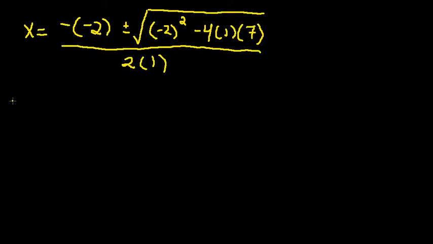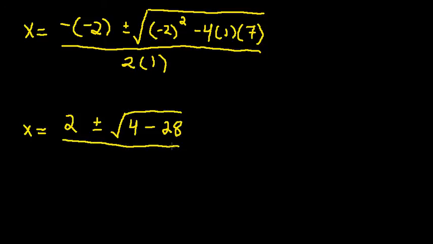So let's simplify this a little bit. We have x equals, well, minus 2 times minus 2 minus minus 2 is positive 2 plus minus the square root of minus 2 times minus 2 is positive 4, minus 4 times 1 times 7 is 28, all over 2.